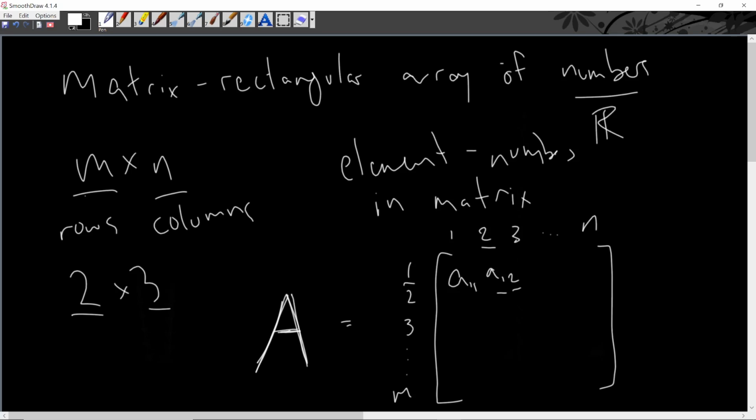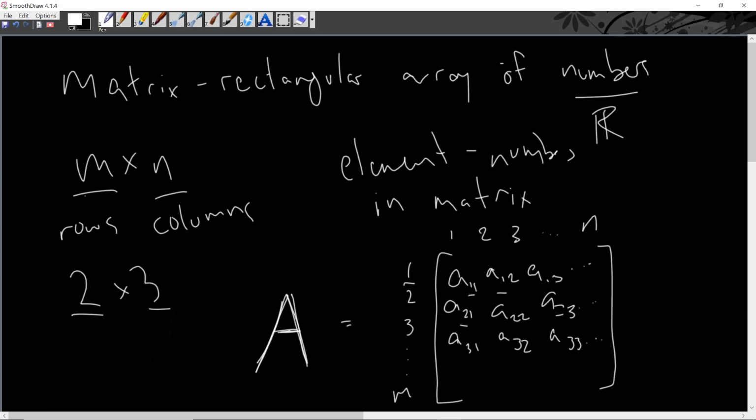Then the one directly right of that is going to be A1,3, and so on. Then it goes down one, so the row number will increase, and you'll have A2,1, A2,2, A2,3, and on. Then you have A3,1, A3,2, A3,3, and on.